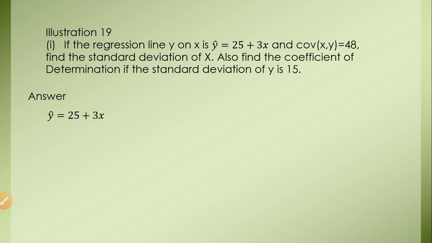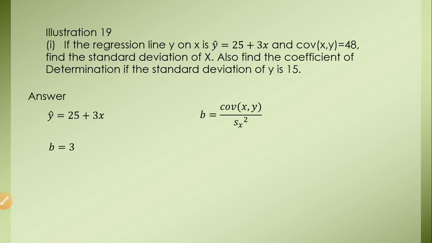What it means is that 25 is a. Y cap is a plus bx, so 25 is a. 3 is b, so you can know that b is 3. This b will work. Now the formula of b is covariance xy upon sx square.